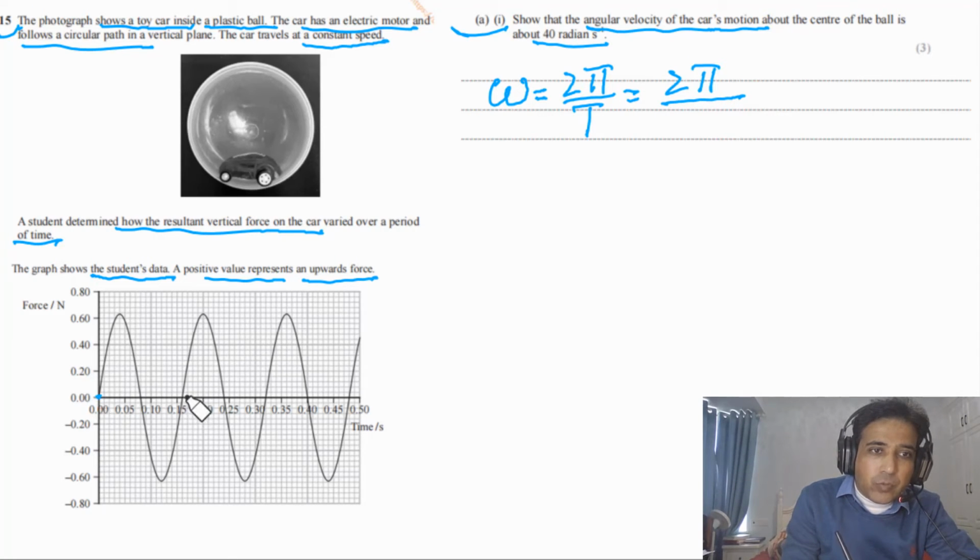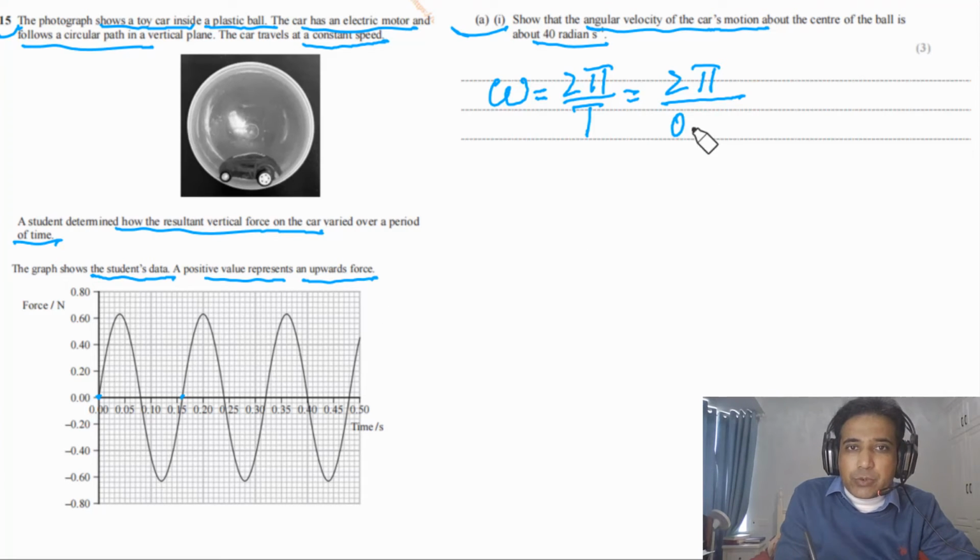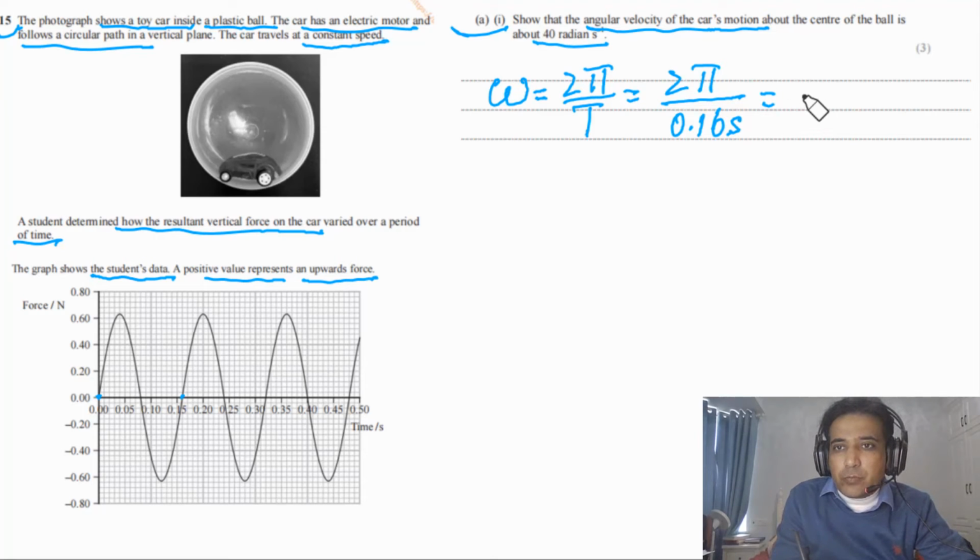This is one complete cycle. This is 0.15, so one small square is 0.16. So the time period is 0.16. You need to be careful with units, this is in seconds. If we solve this, we will get 39.3 radians per second.